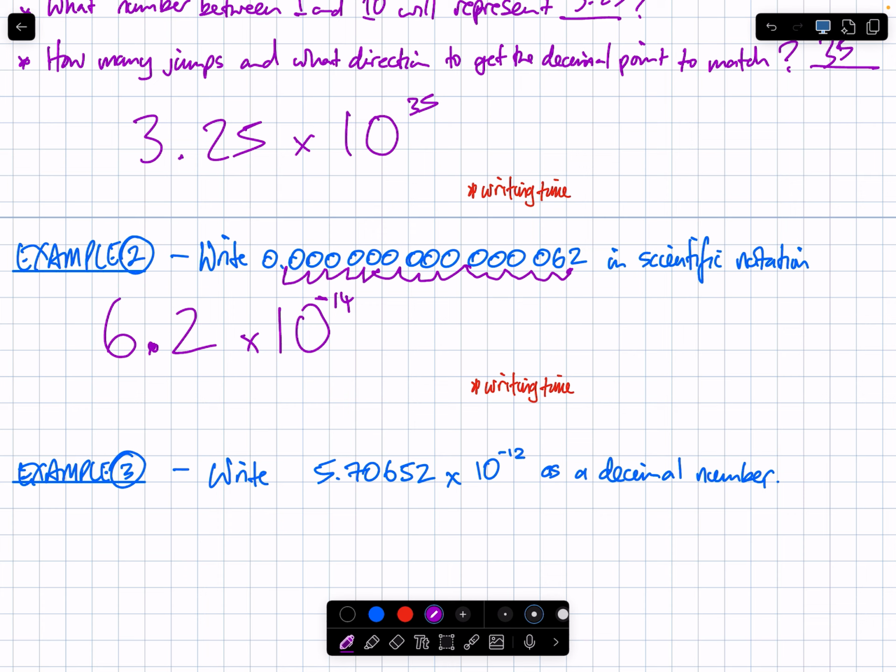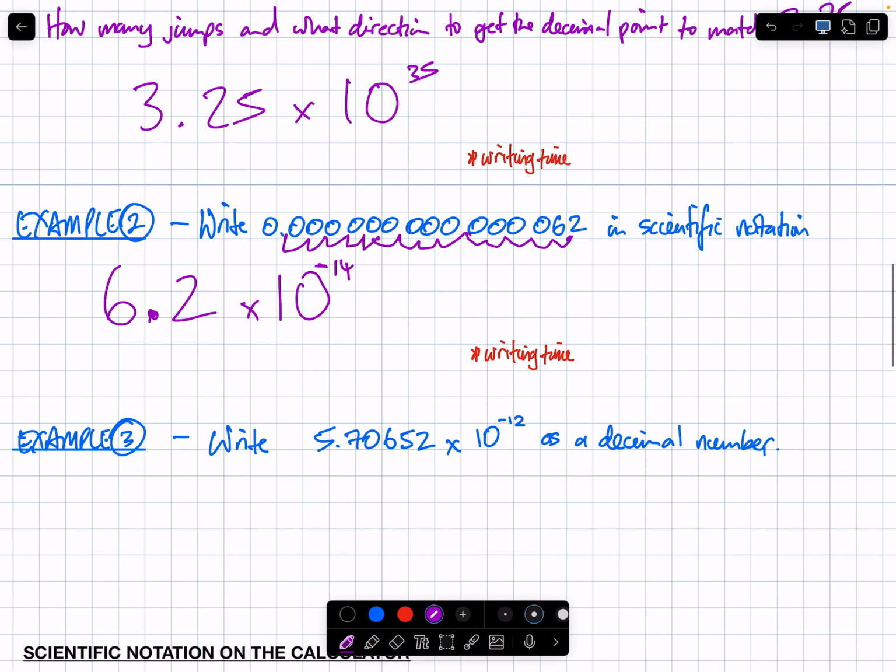Any thoughts? Well, I'm going to jump 12 times to the left, but I'm trying to think ahead: isn't one of those jumps going to be used to jump over 5 to start off with? So it's going to be 1, and then how many zeros are going to follow? It's going to be 1 jump over 5, and then 11 zeros after to make 12 jumps.